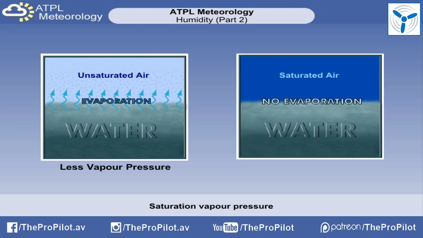If we left this box alone for long enough, enough water will have evaporated from the water surface for the air to become saturated. At this point, evaporation will stop, and the vapour pressure will also cease to rise. This maximum value of the vapour pressure occurs at saturation, and is called, unsurprisingly, the saturation vapour pressure.